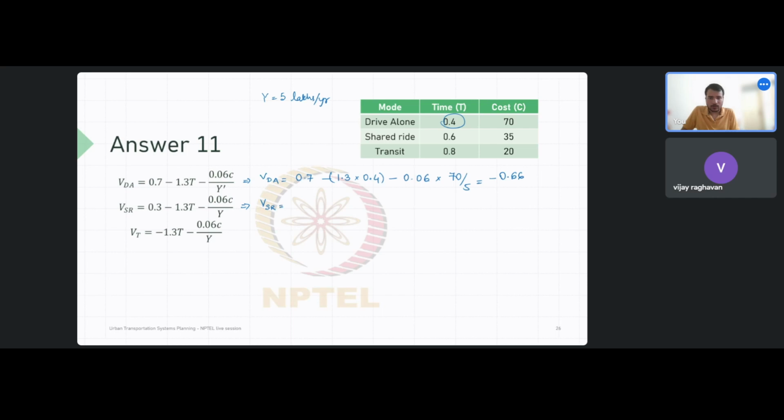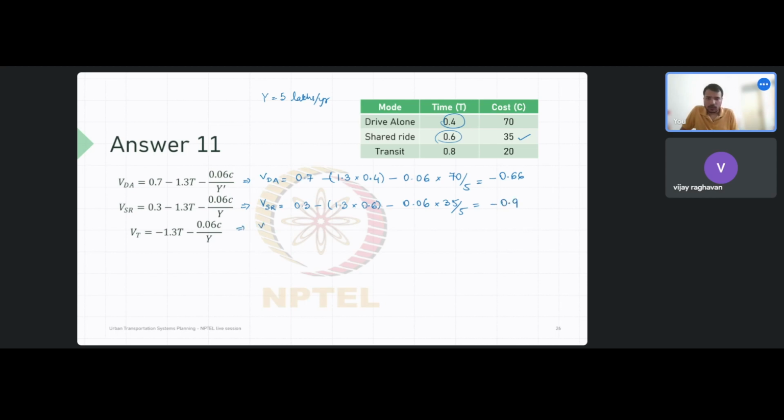So VSR is equal to 0.3 minus 1.3 into time, which is 0.6, minus 0.06 times cost of shared ride, 35 by 5. This is coming out as minus 0.9.